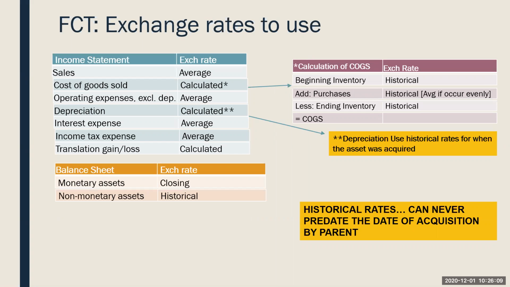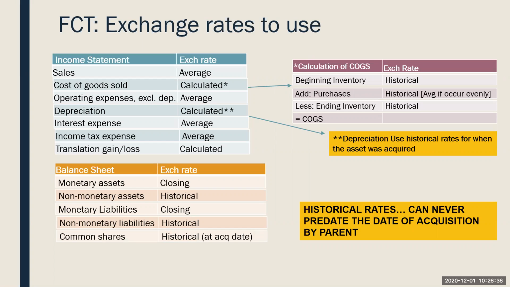For the balance sheet, monetary assets are translated using the closing rate. Non-monetary assets are translated using historical rates for when those specific assets were acquired. Monetary liabilities are translated using the closing rate. Rare occurrence, but if there are any non-monetary liabilities, in this course it's very unlikely you will come across any, we must use the historical rate to translate them.